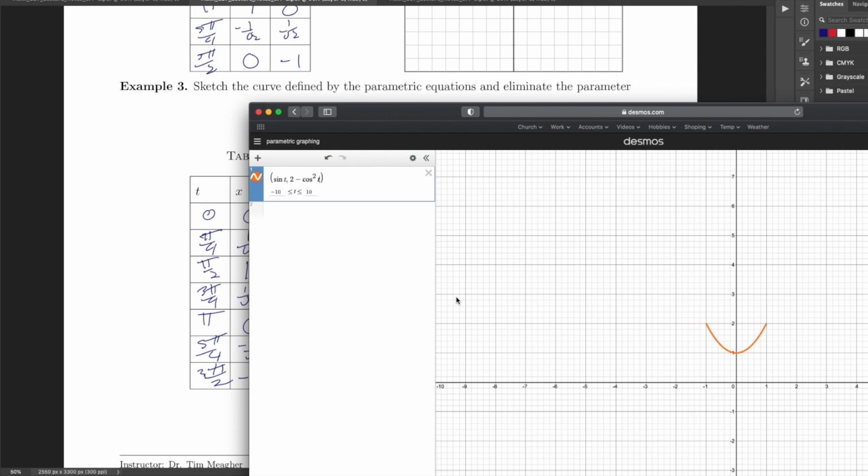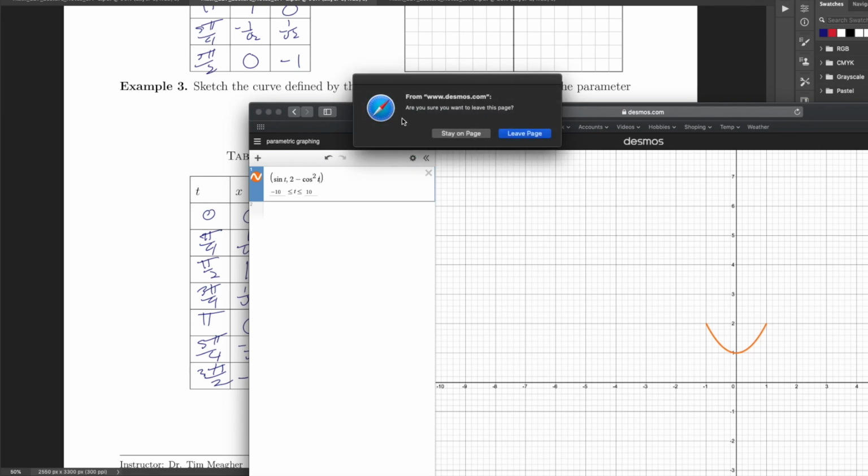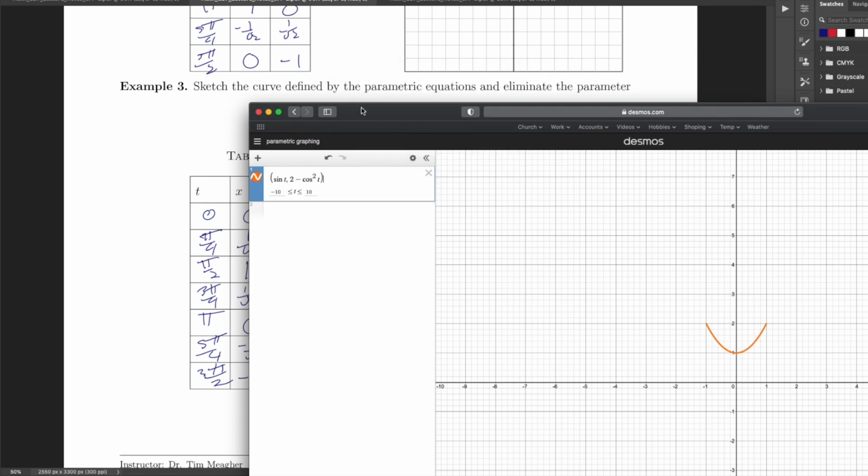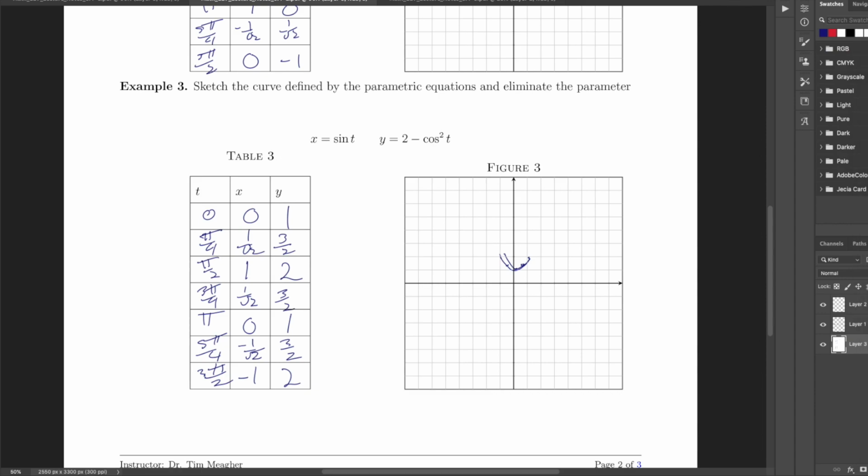All right, and so notice what this is going to do here is it's going to start here. It's going to go up, hit this, come back down, go back up, hit this, come back down. And so this just goes over and over and over again. So that's what we have. All right, so now, stay on the page. We'll leave that in case we want it for later.